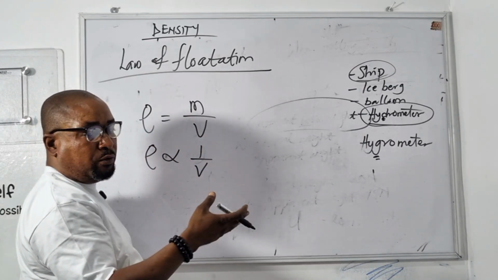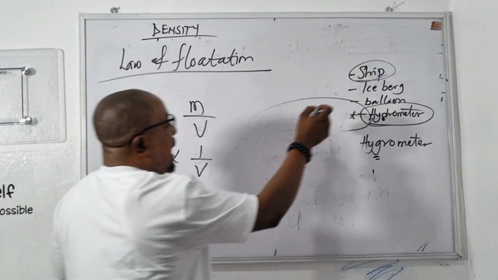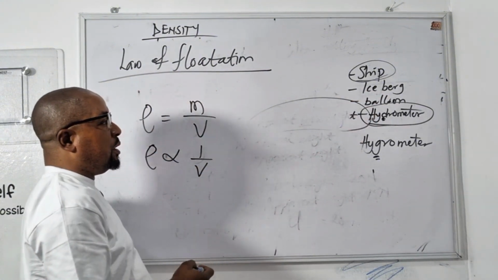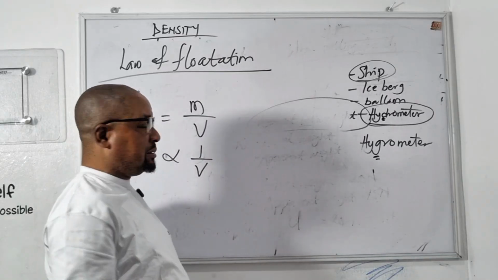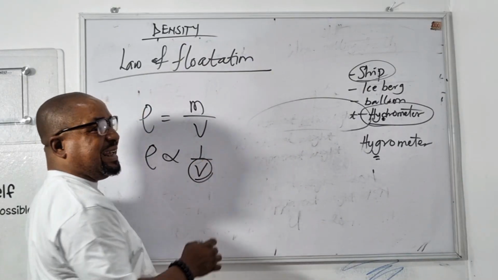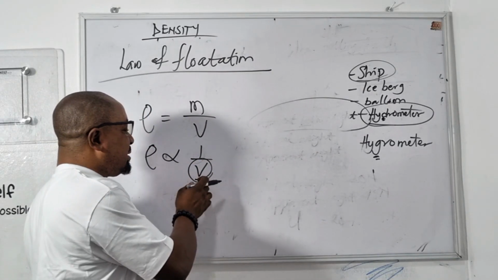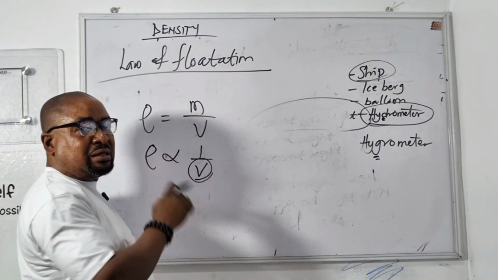Now, an iceberg is made up of water. When you freeze water, it expands. That means the volume will increase. Once the volume increases, the density will decrease.